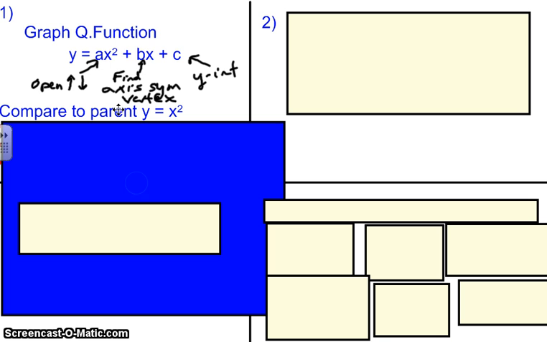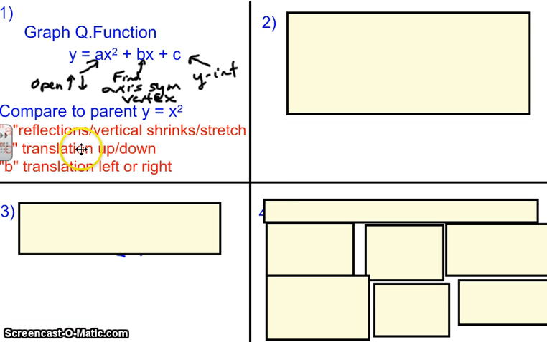But we also compare quadratic functions to the parent function, the most basic baby quadratic equation there is, y equals x squared. And when we do, we can name all those transformations that you were just naming. The a can reflect it with a negative, or it can stretch or shrink it vertically, right? The c translates it up or down, and the b translates it left or right.